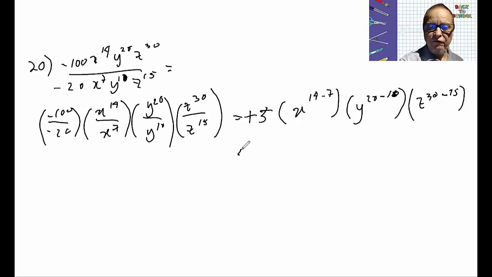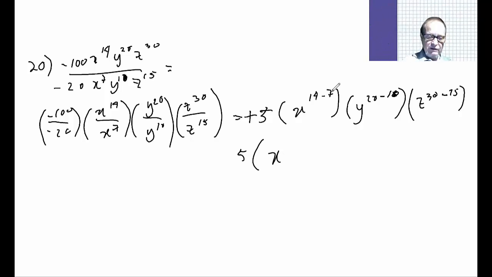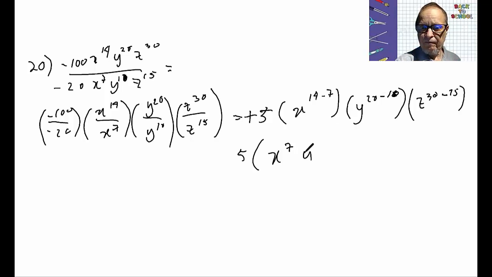And then I get 5 x, well, 14 minus 7 is 7. And then I get 20 minus 10 is 10. And then I get 30 minus 15.